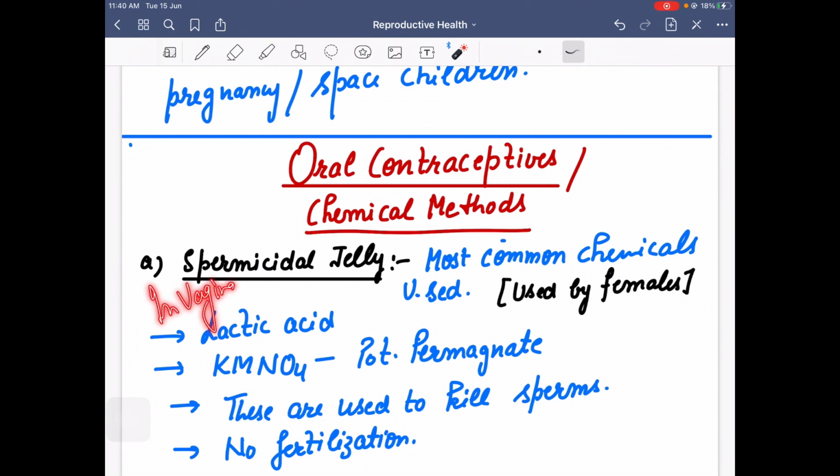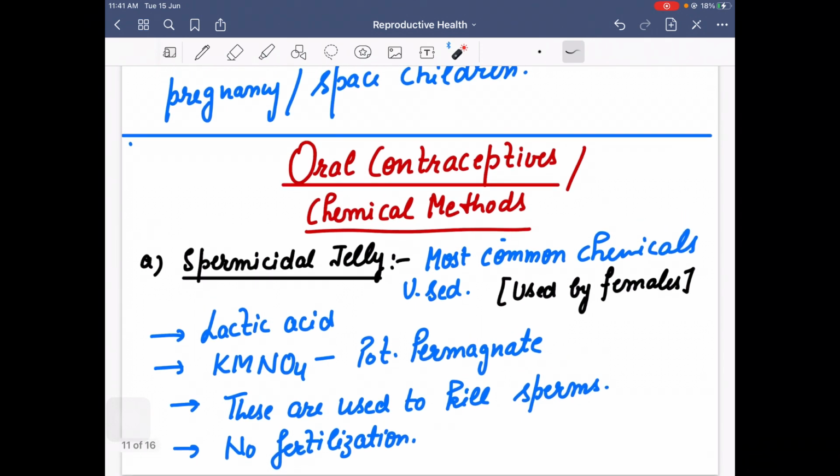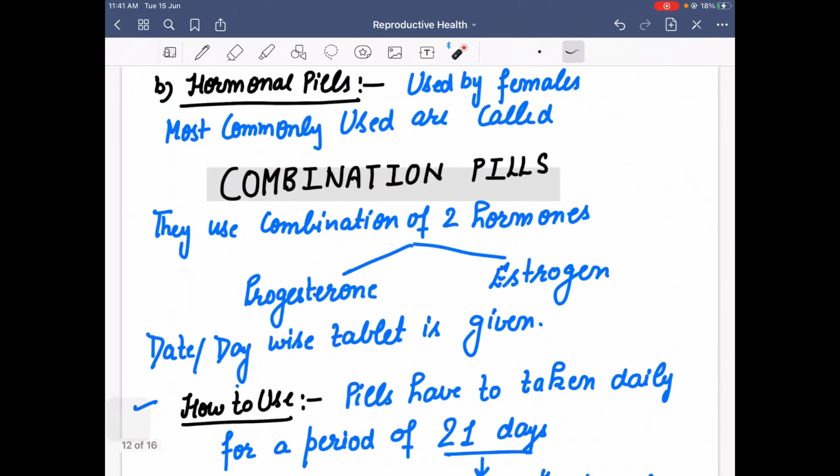It includes chemicals like lactic acid and potassium permanganate, which are spermicidal. They are used to kill sperm, and if there is no sperm, definitely there will be no fertilization.